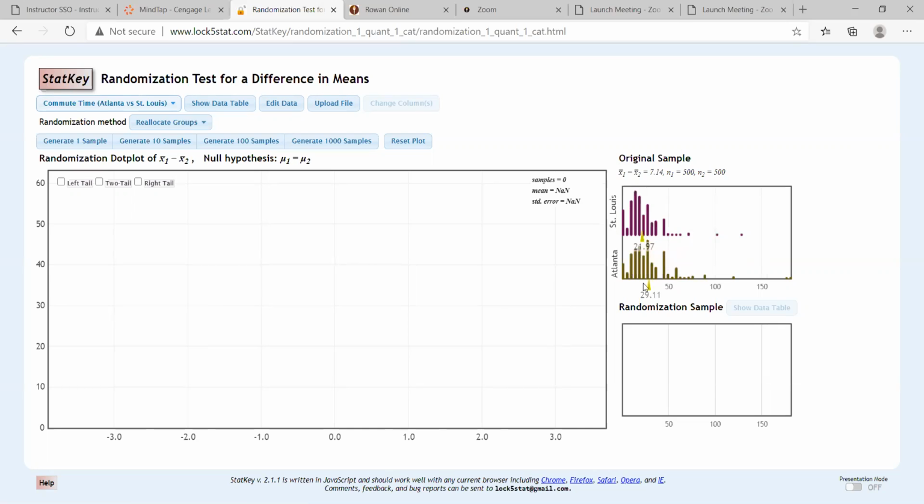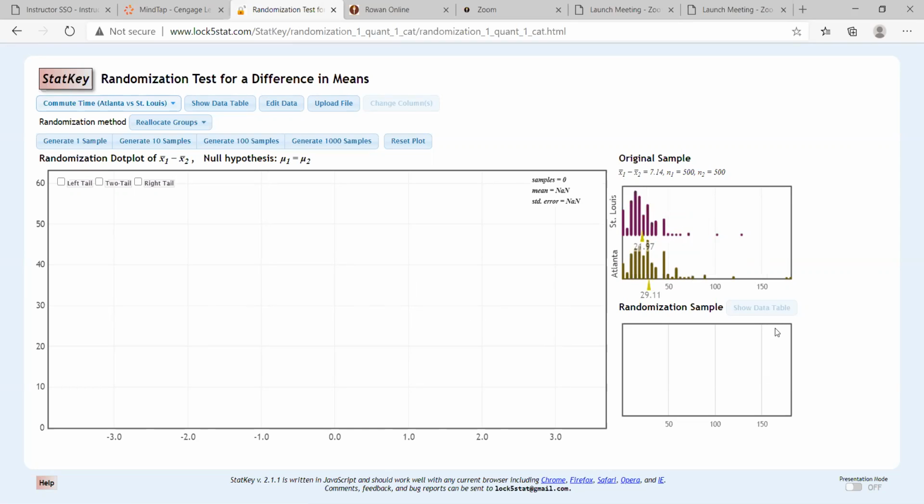Atlanta is basically group one. Typically, when we have two populations with means, group one is on the bottom and group two is on the top. Group one, the Atlanta commuters, have an average commute time of 29.11 minutes. That's x1 bar. The St. Louis commuters have an average of 21.97 minutes.